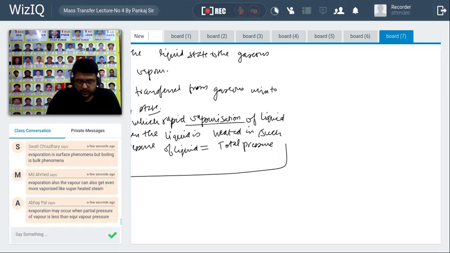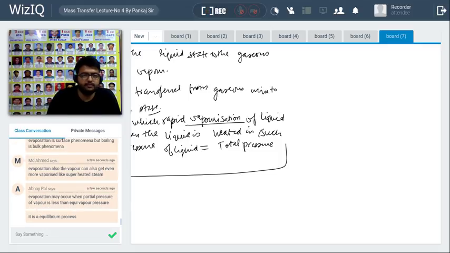So this is a very important concept for boiling. If this condition is not met, then boiling can't be achieved. Got it?